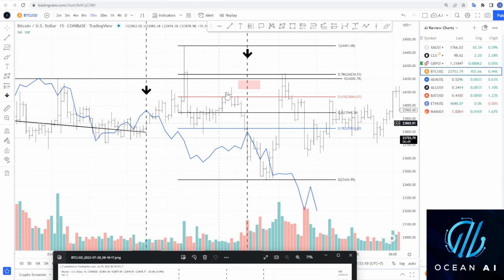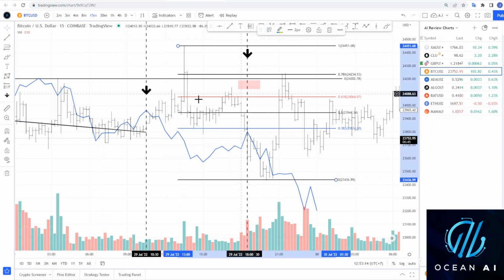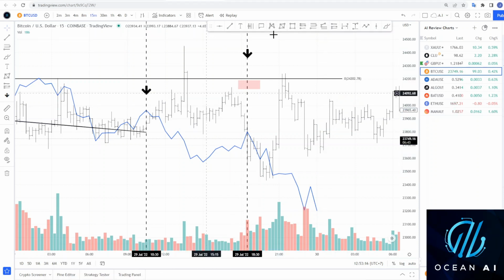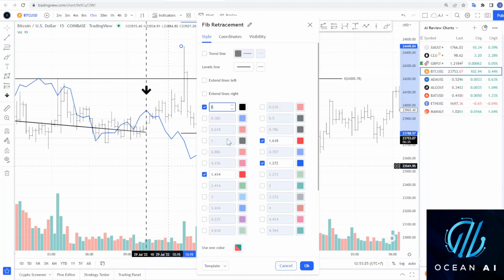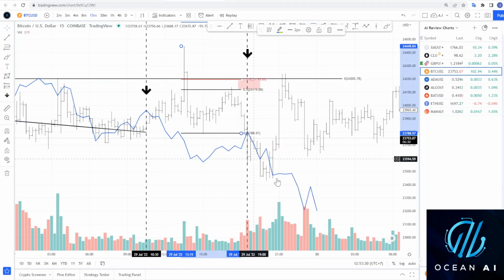So what we did have at this point, if I get rid of this Fibonacci, was, well, the timing wasn't there, but just purely as a pattern example, we got up into that 50 to 60% retracement here, and that was an ABCD.